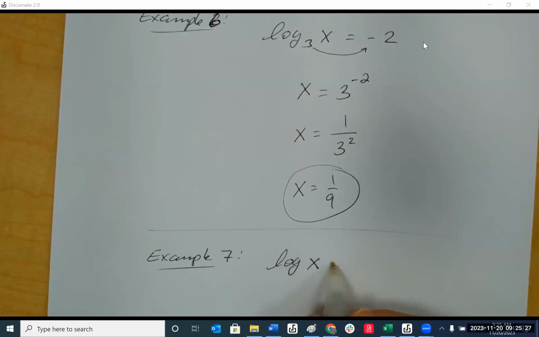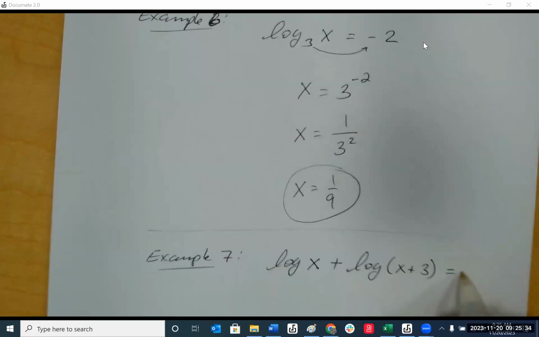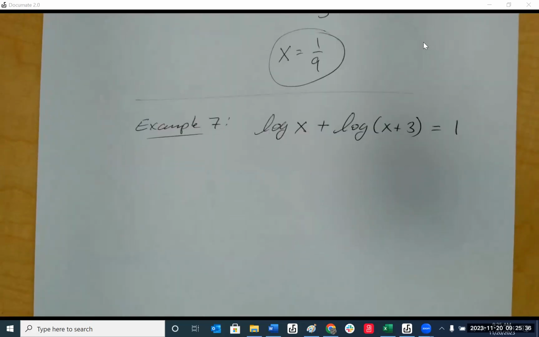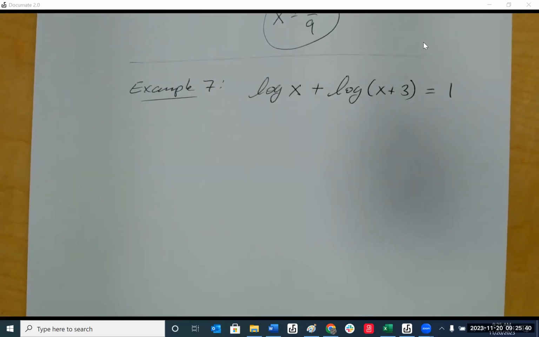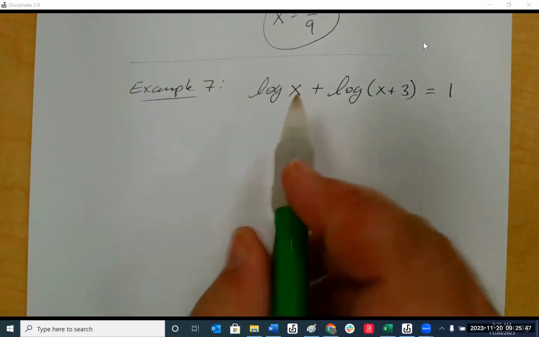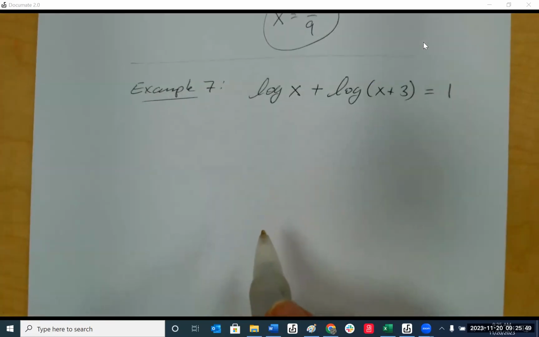Log of x plus log of x plus 3 equals 1, and the last one. What can we do on the left-hand side?